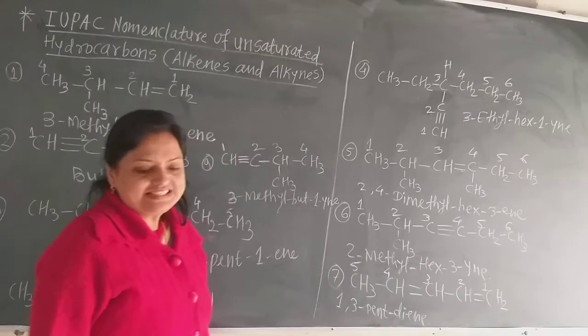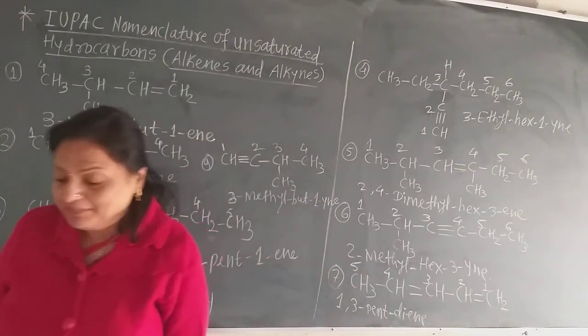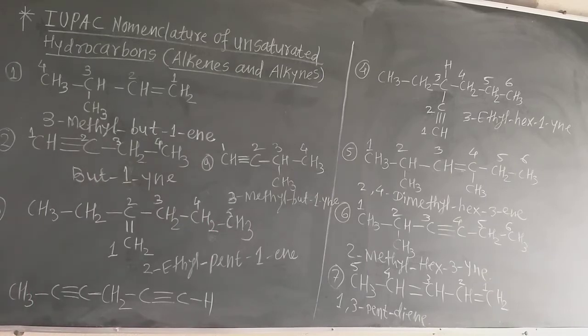Now see, this is the correct name for this alkene, because on the first and third positions there is a double bond. So the numbering is given in the middle, not at the first. Remember that the numbering is given in the middle and not at the first.